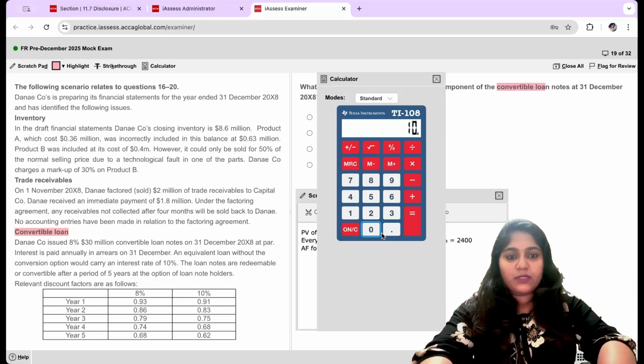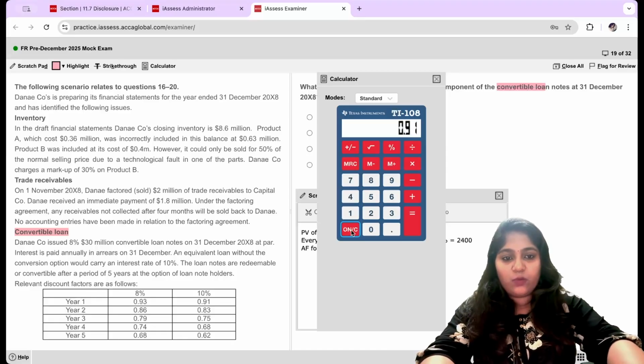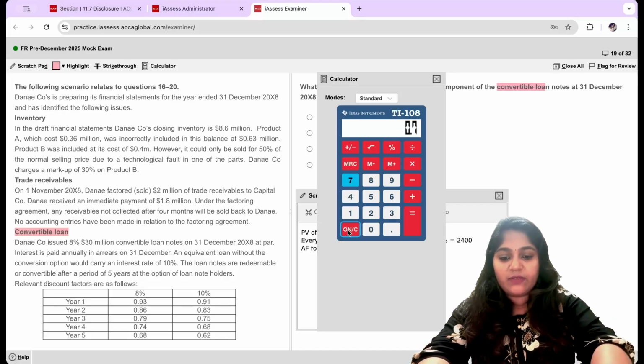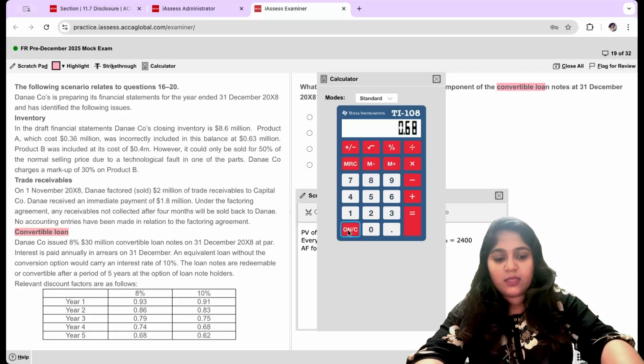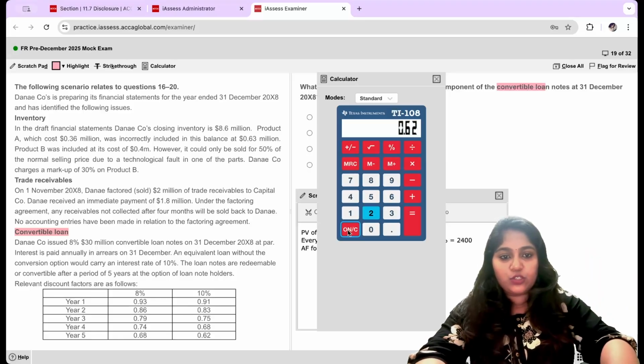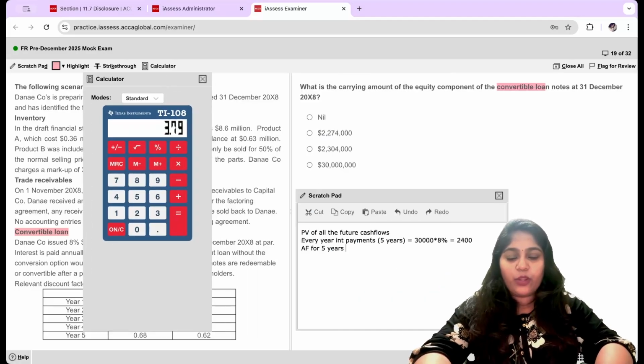I'll take the 10% discounting factor. It is 0.91 plus 0.83 and 0.75, 0.68 and 0.62.